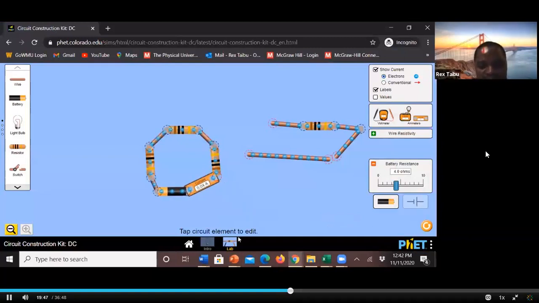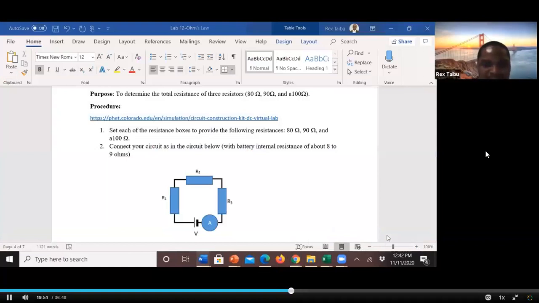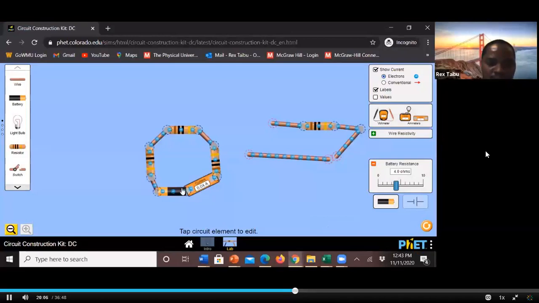Again, it doesn't have to look exactly like this. This is just a schematic diagram. But if you are on your table constructing the circuit, it's just one loop, so the current has only one path to flow. That's a series circuit.